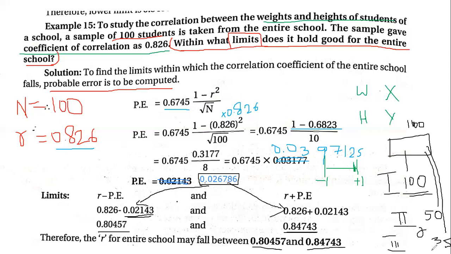Again, you calculate R. The value of R again should be between these two numbers only. So that is why we calculate probable error and we find the limits where the R value cannot go beyond these two limits, whichever is given to us.